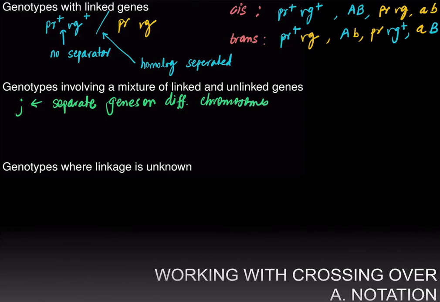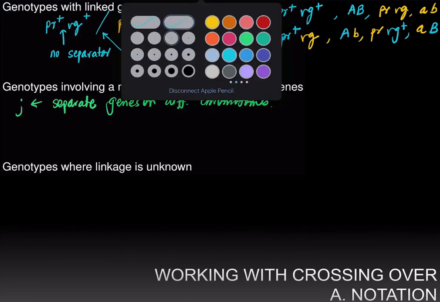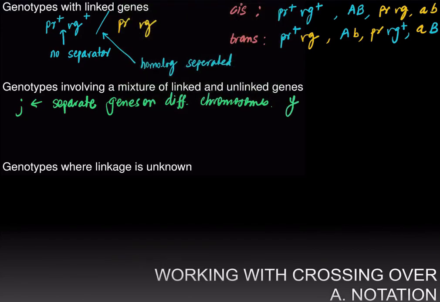And that's the symbol one would use. For example, purple and vestigial are located on the second chromosome of Drosophila, whereas a gene called yellow, represented by the symbol Y, is located on the X chromosome.